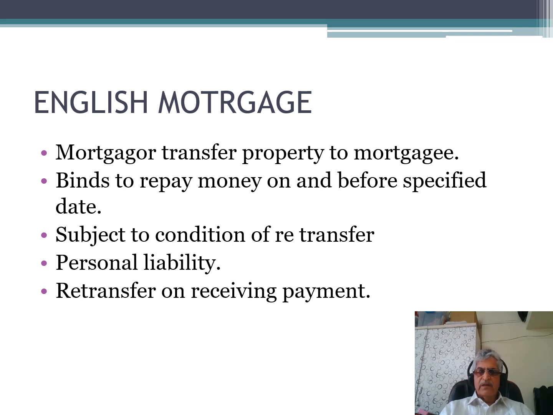If the mortgagor is unable to pay the mortgage amount on the specified date, then he may say that you sell the property, and if there is a residue on sale, then for that residue the personal liability is there.